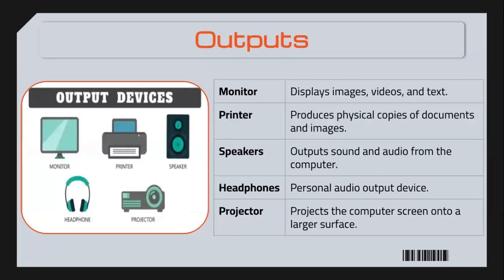Here are some examples of outputs. Monitors are used for displaying images, videos, and text. Printer is used for producing physical copies of documents and images. Speakers are used for outputting sounds and audio from the computer.